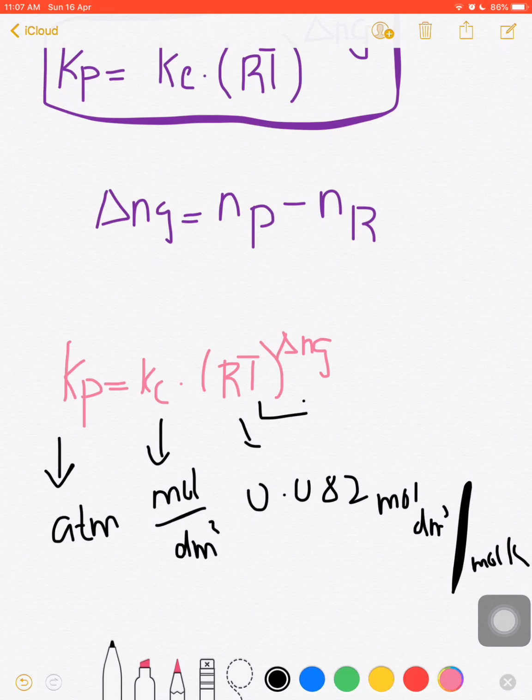And this T is also taken in terms of Kelvin.